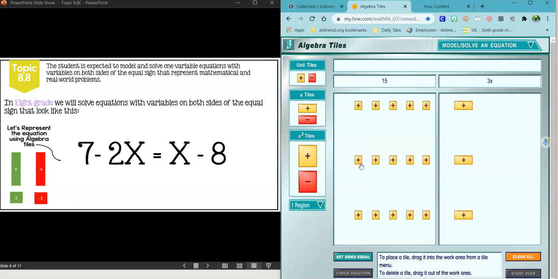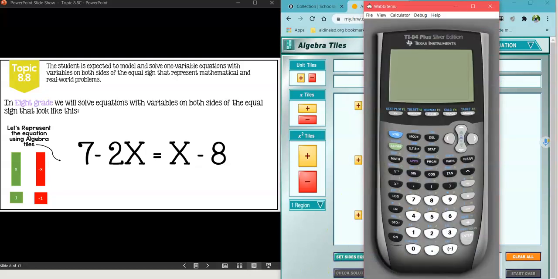Okay, so now I have 3 groups, but 1x here is equal to 1, 2, 3, 4, 5, positive 5. So x equals 5 is our solution, but again, I don't want to just stop there. I want to make sure that it's 100% correct.